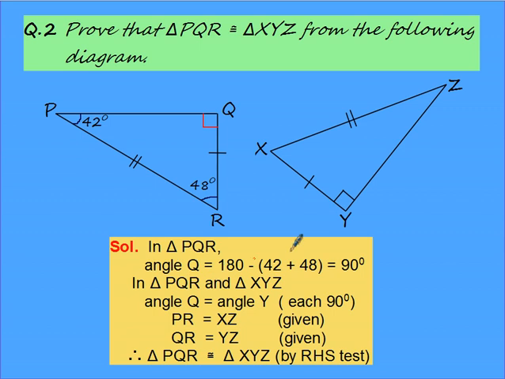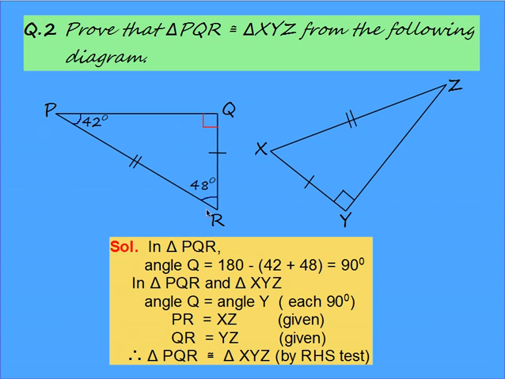So my angle Q in triangle PQR is 180 minus (42 plus 48), and I got it: 90 degrees. Then I can use these two triangles. I have 90 degrees, and these two sides are given equal.